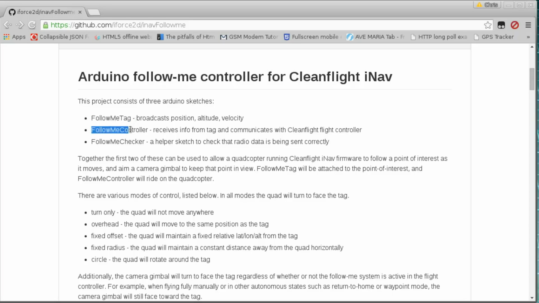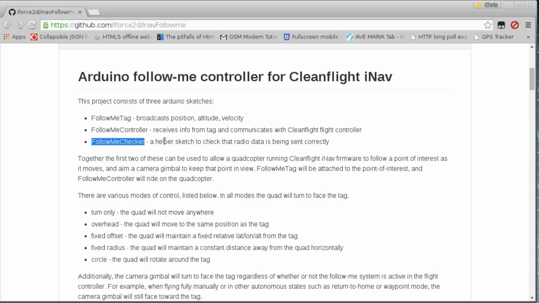And then the follow me controller is going to ride on the quadcopter and talk to Cleanflight to do the autonomous control. And this other one here, follow me checker, is something that I had around that I found very, very useful over the last year or so doing Arduino projects with the nRF24 modules.